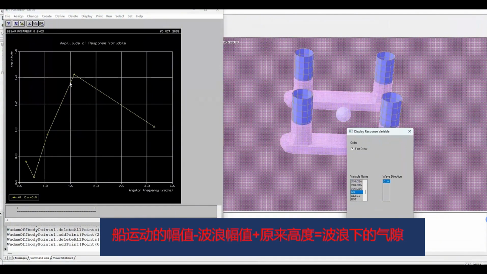Then, using this 1.37 and adding it to the height I just set for P1, which is 10, right? 1.37 plus 10, so when the wave frequency is 1.5, my value is 11.37 because 1.37 plus 10, right? Think about the formula we just mentioned. The amplitude of the ship's motion minus the amplitude of the wave motion is the value shown in this AG chart here.